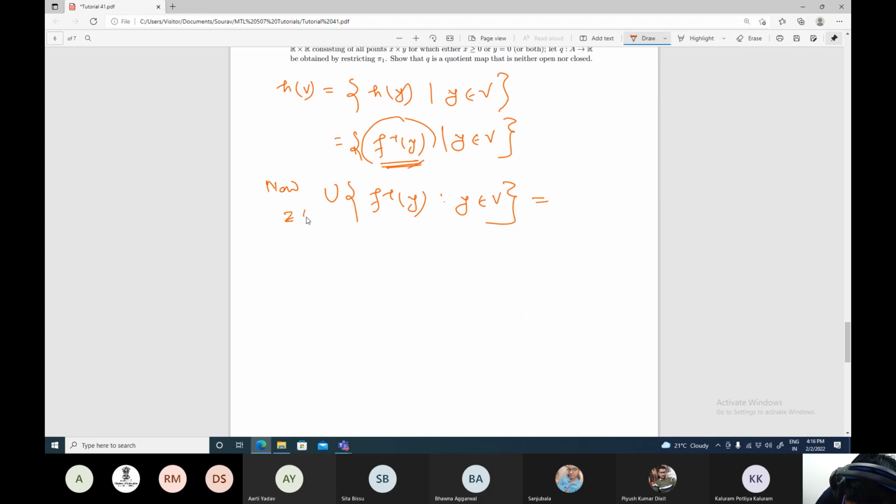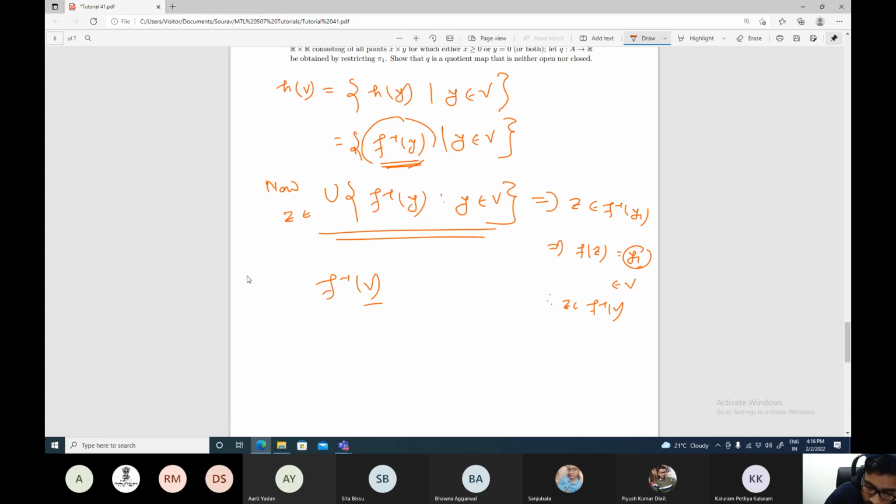So Z, what does it mean? Z belongs to some F inverse of Y1, right? This implies F of Z equals Y1. But this Y1 belongs to V. So Z belongs to F inverse of V.